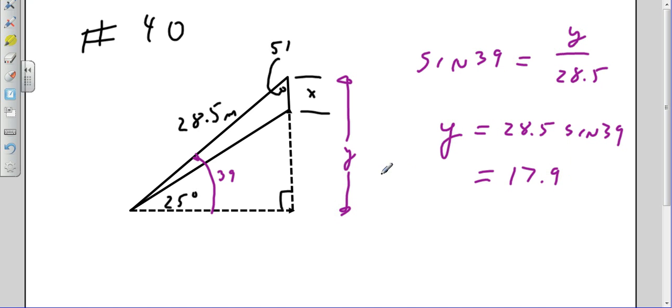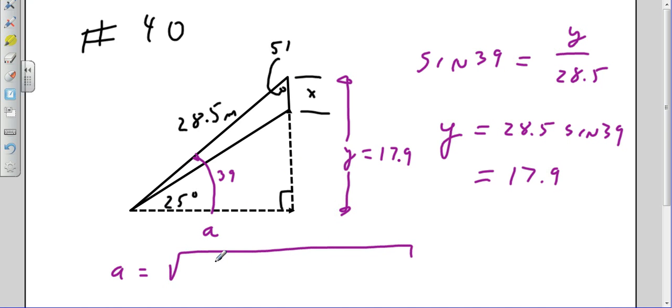Okay, well, if y is 17.9, then I can figure out what this side over here, we'll call it A, is. Because this is the Pythagorean theorem, I know one side, I know the hypotenuse, I can get the other side. So A is going to be the square root of the hypotenuse squared minus the side that I know squared.